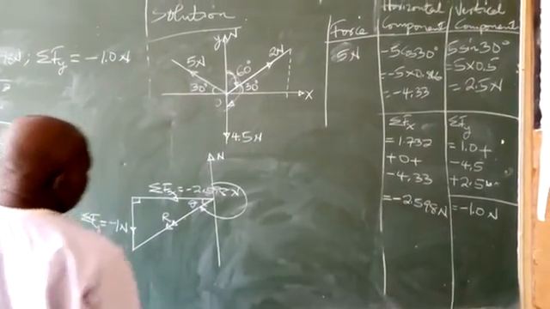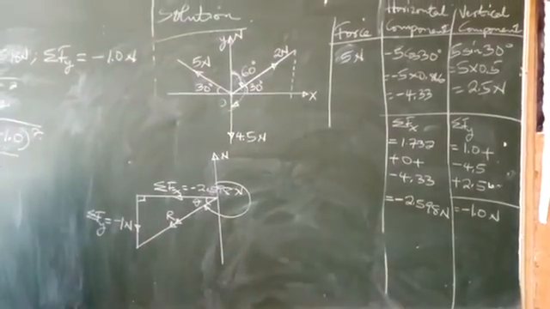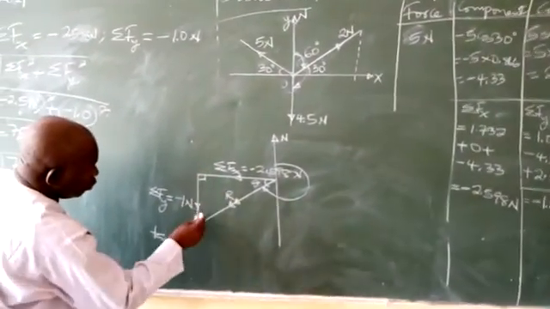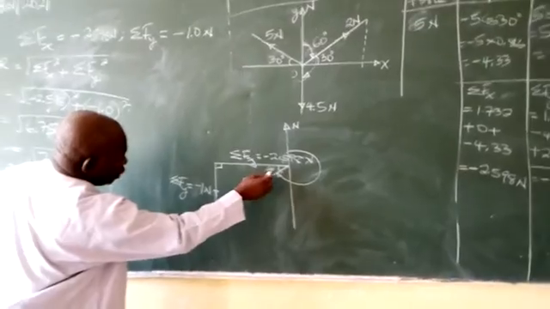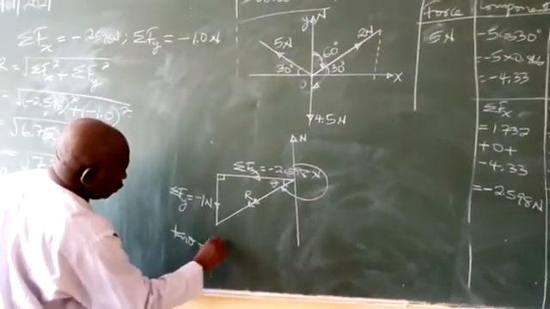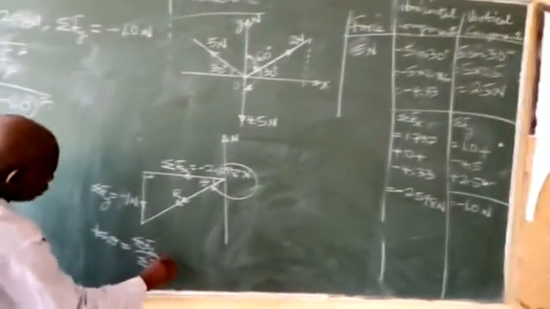Here, this is a right angle triangle. The tangent of theta is opposite over adjacent, that is summation f of y over summation f of x.